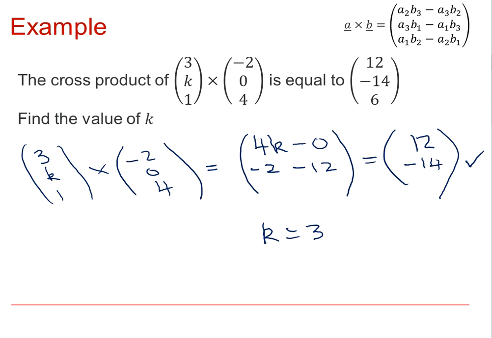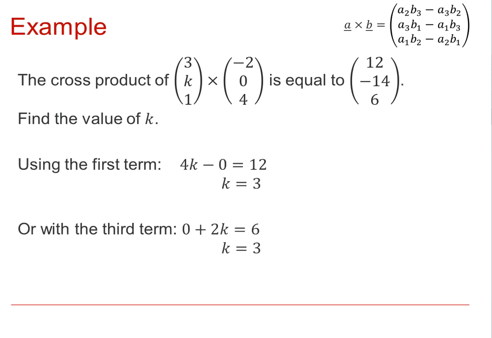So looking at the z component, a1b2 minus a2b1, we can see that that is 0 minus 2k. And we want that to equal 6. And k equals 3 does indeed work for that. So to find the value of k, we could have used just the first term, or the third term, or cross-checked using both.